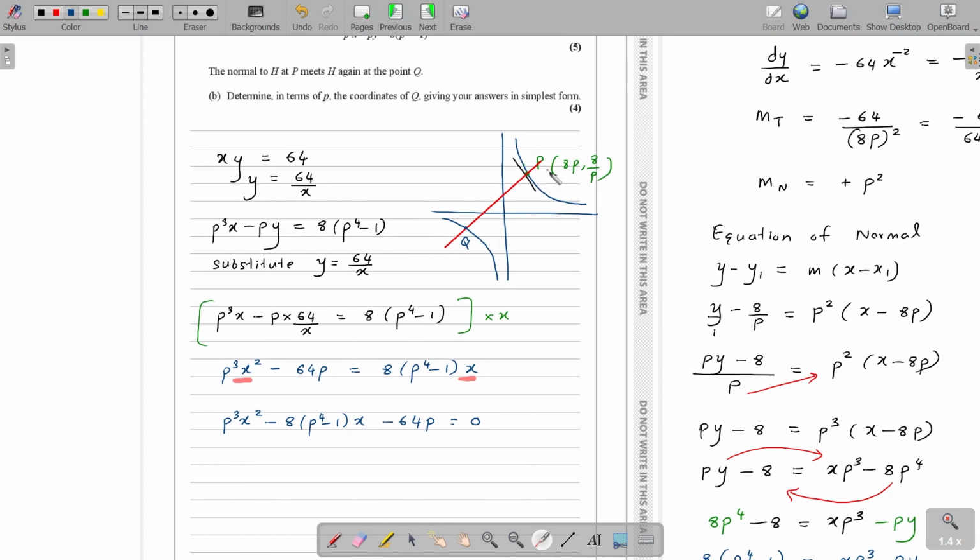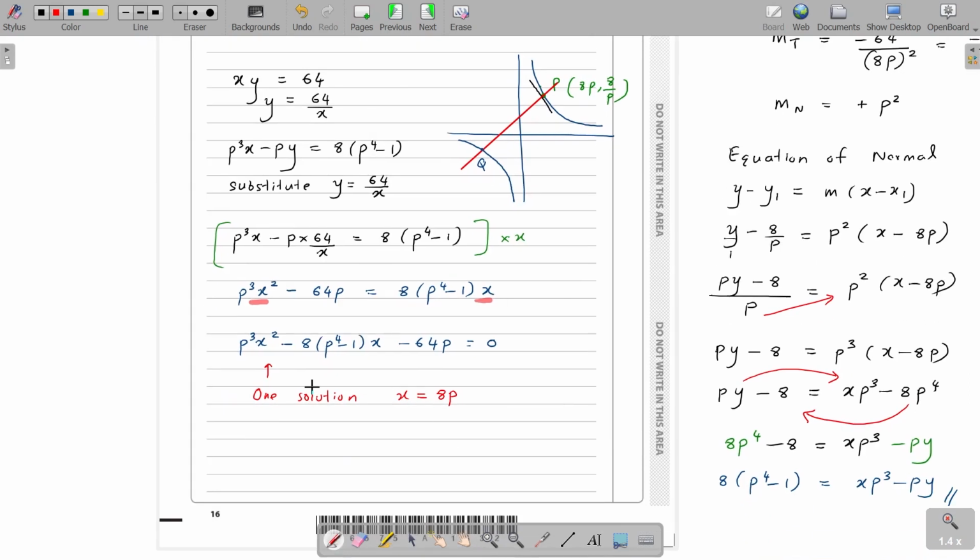What is one solution? One solution is 8P, right? x equals 8P is one solution. Do you agree with me? So if x equals 8p is one solution of this particular equation, the factor is x minus 8p. Are you with me? So you have to get the other factor.